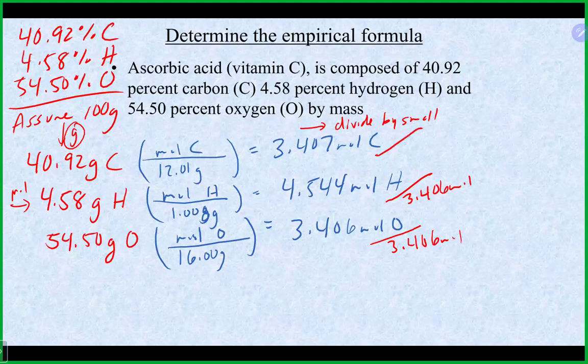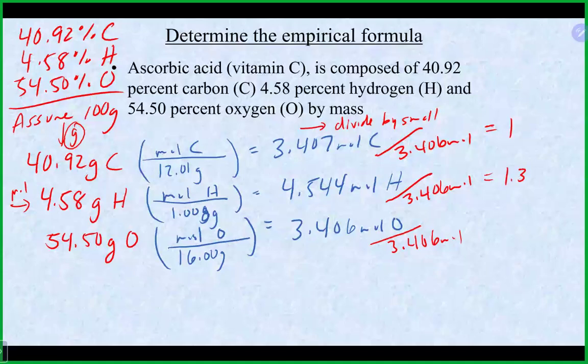That gives us a 1 for our carbon, 4.544 divided by 3.406 gives us 1.33, and we will end up with a 1 for oxygen. First off, any questions so far? So percentages into grams, grams into moles, divide by the smallest.